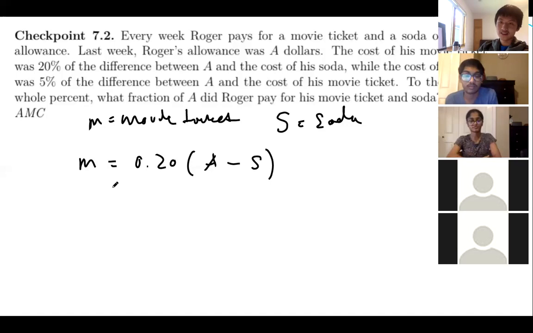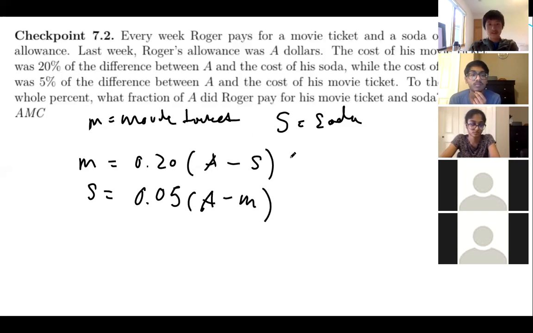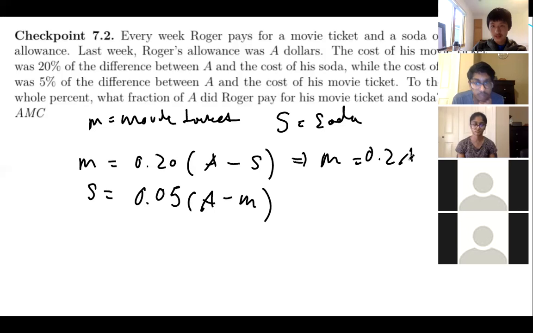And on the other hand, his soda was 5% of the difference between A and the cost of his movie ticket. So S equals 0.05 times A minus M. So if we expand this one, it's M equals 0.2A minus 0.2S.